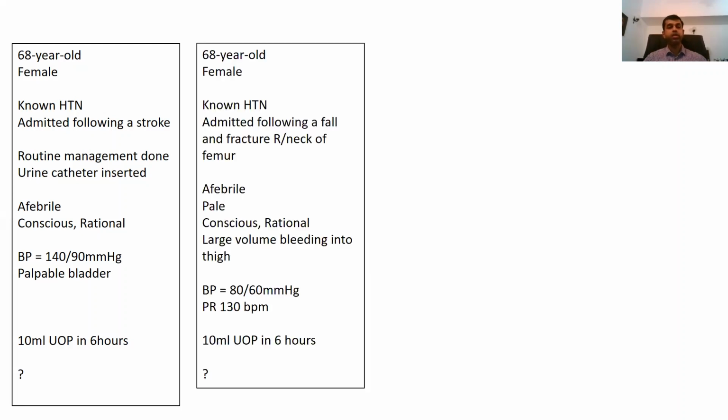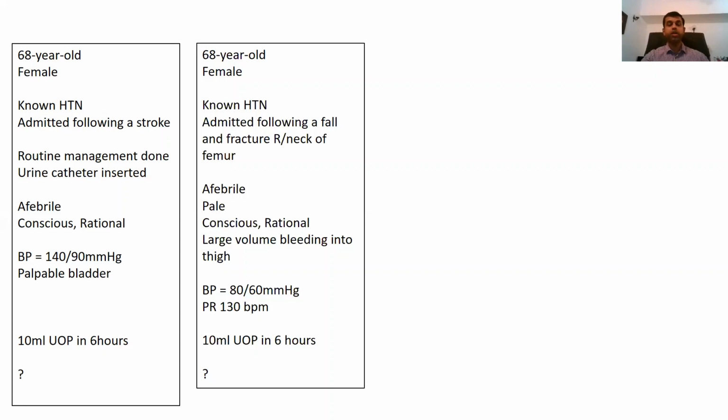We take another presentation, the same age, same gender, a patient with hypertension, this time a different person admitted following a fall and fracture of the right neck of femur. On examination, the patient is afebrile, pale, conscious, and rational, and there is a large volume of bleeding into the thigh that they notice once the patient gets admitted.